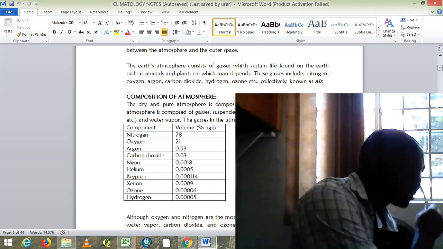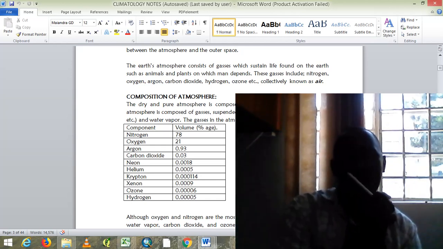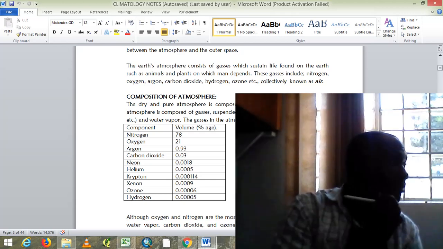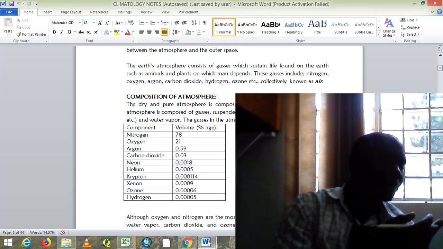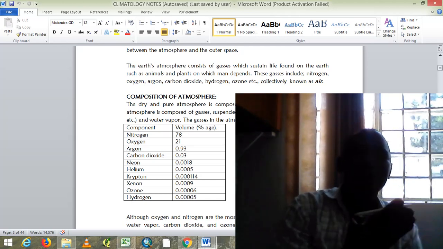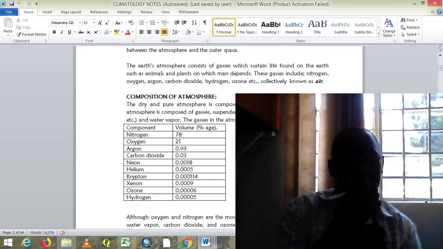Dry and pure atmosphere is made up of only gases. There's a difference between dry and pure and then normal. So normal atmosphere has gases, aerosols, and water vapor.